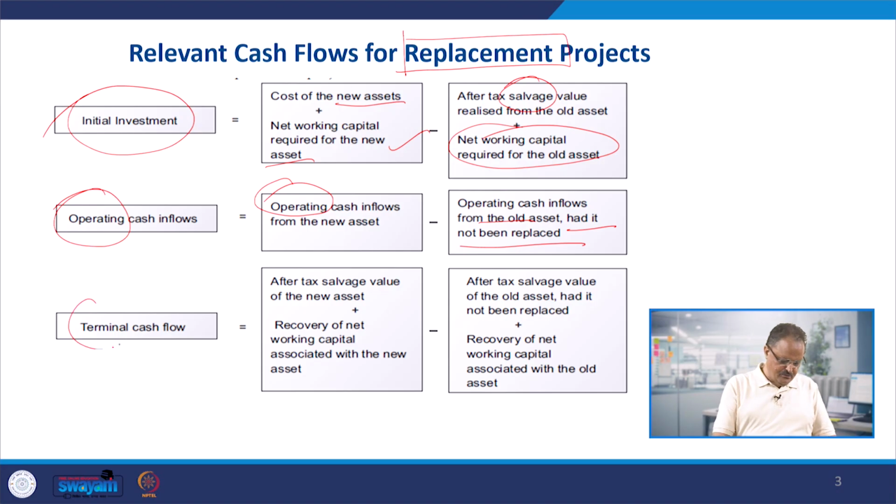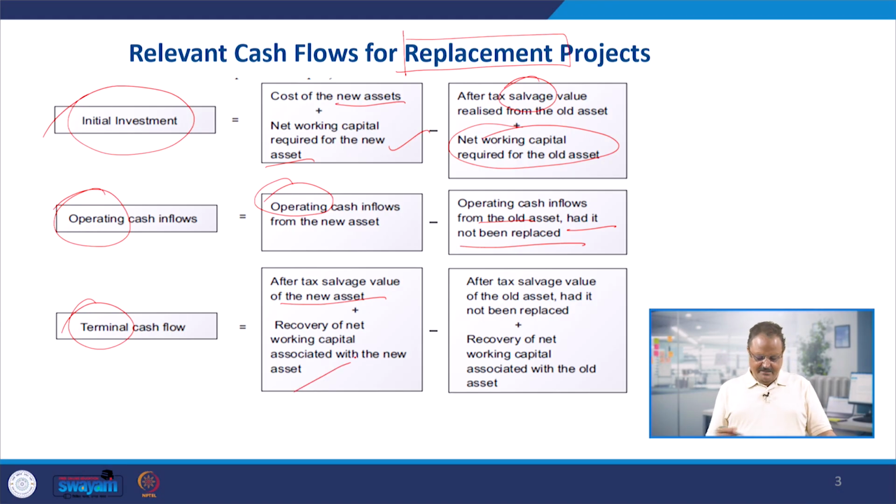Similarly, for calculating the terminal cash flows, you have to take the old machine's effects into consideration also. For that purpose, you have to calculate the after tax salvage value of the new asset, plus the recovery of the working capital associated with the new machine.